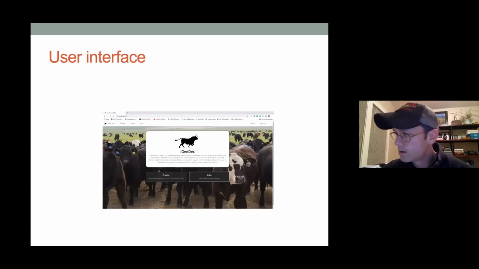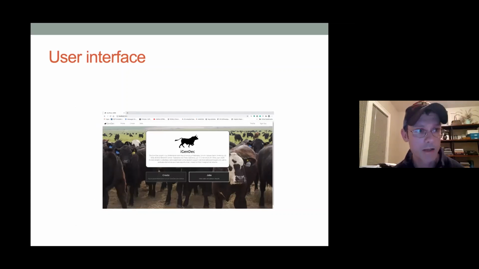So a project I mentioned here, a tool we're calling iGenDec, again in collaboration with colleagues at the U.S. Meat Animal Research Center, Kansas State, and a company called Theta Solutions, is meant to be a web-based decision support tool to aid producers in this sire selection process.